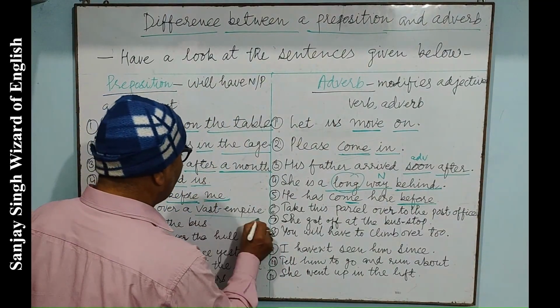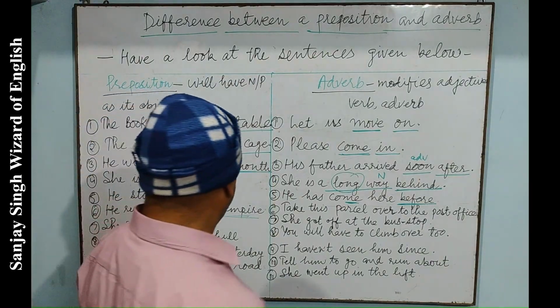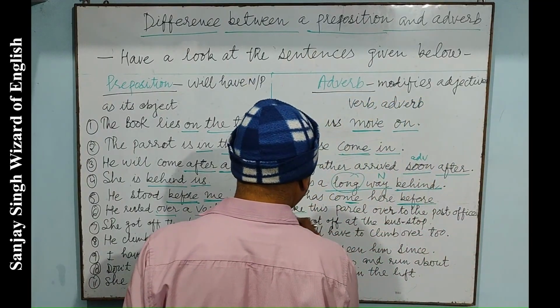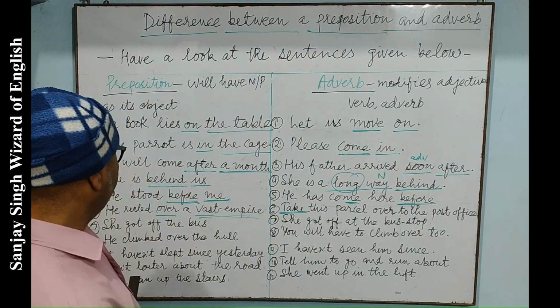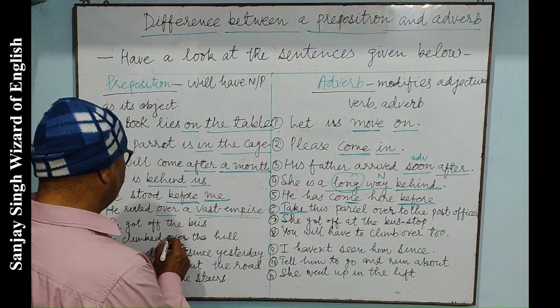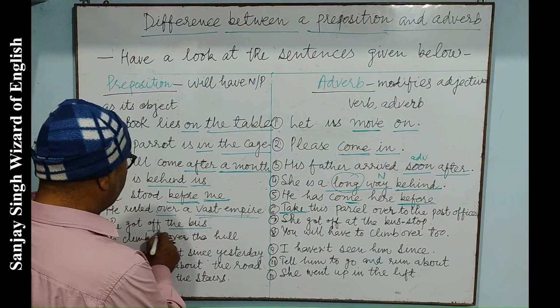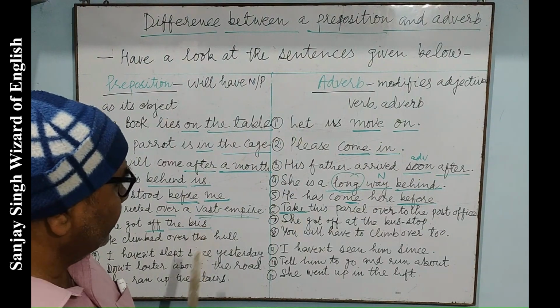Okay. He ruled over a vast empire. This is the object of the preposition. Now in the next example, take this parcel over to the post office. Here it is qualifying the verb take. Same way in the next example, she got off the bus stop. Here preposition is followed by this object.